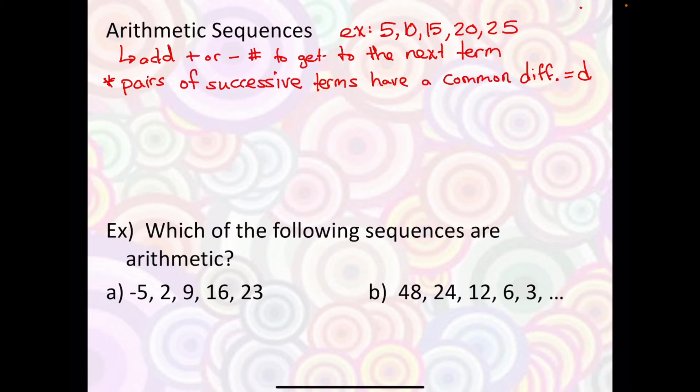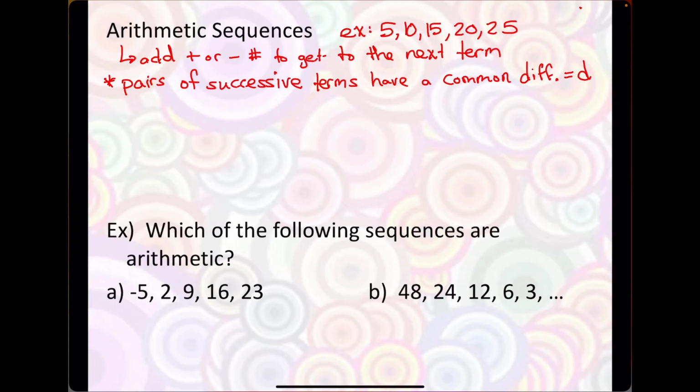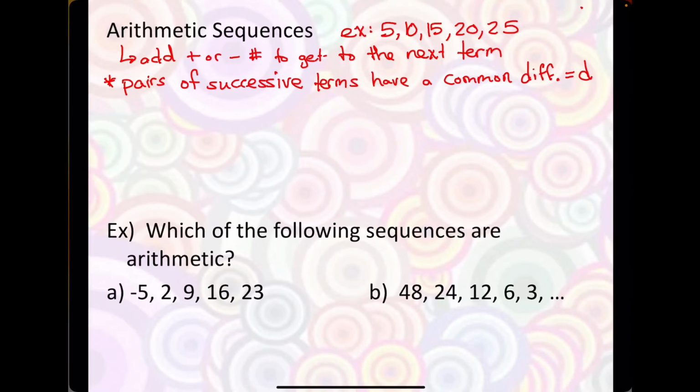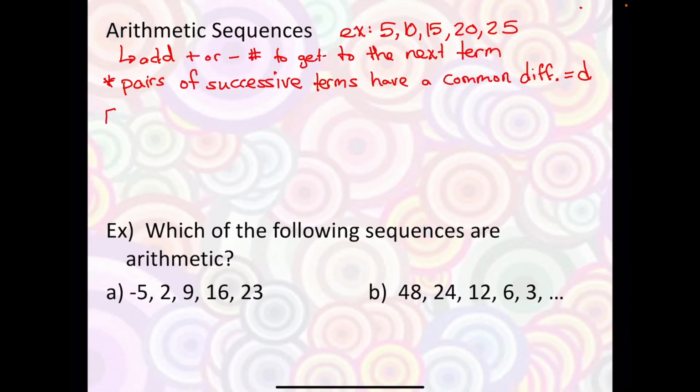Sequences can be written either explicitly or recursively. So if we were to look at an arithmetic sequence written explicitly, then we would say a sub 1 is term 1.